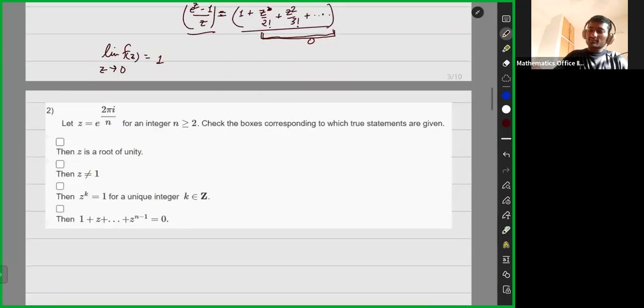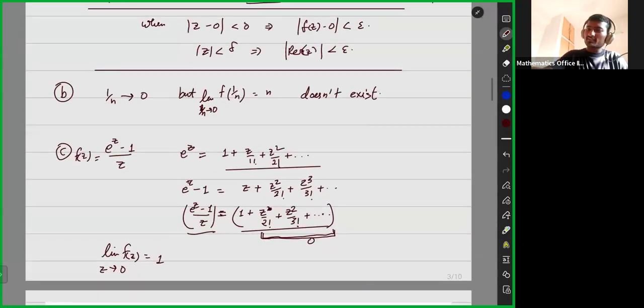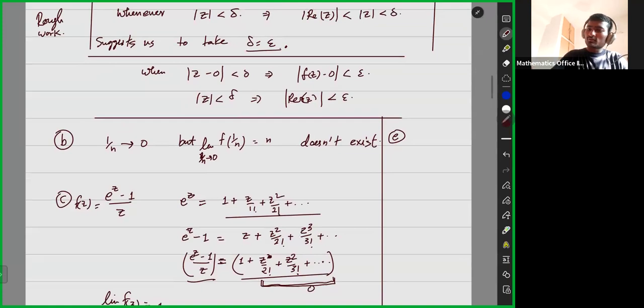The last part, the E part, we don't have enough space here, but we'll do it. We have the function z into sine 1 by z. The problem is at 1 by z, when z is equal to 0. That is why my guess is that it does not exist.